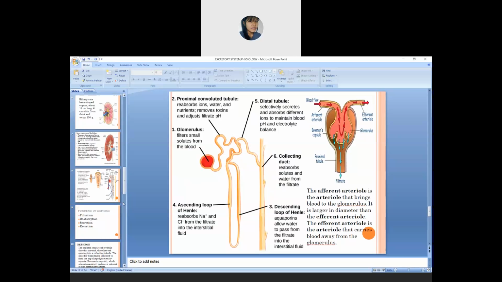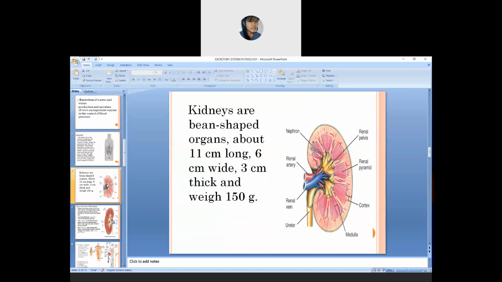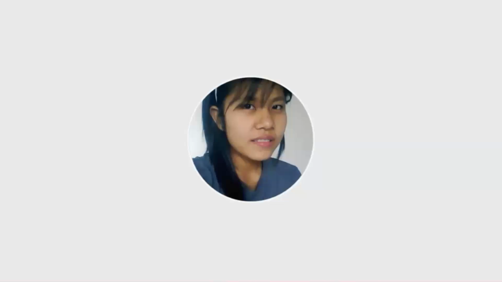Are you all clear? In which part do filtration, reabsorption, secretion, and excretion occur?